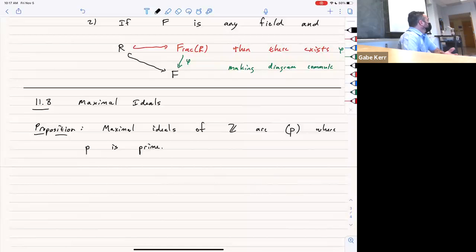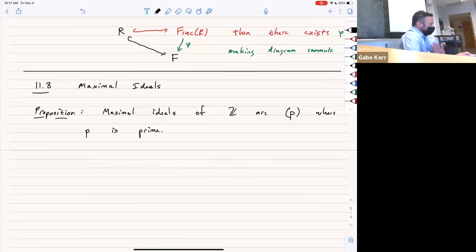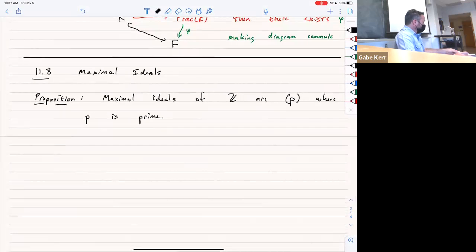If we quotient by the ideal generated by a, we get Z mod a. And as we just talked about a moment ago, if a is composite, then there are zero divisors. So that's not a field. There are no zero divisors in a field. You can't divide zero and be invertible at the same time, unless you're the zero ring.